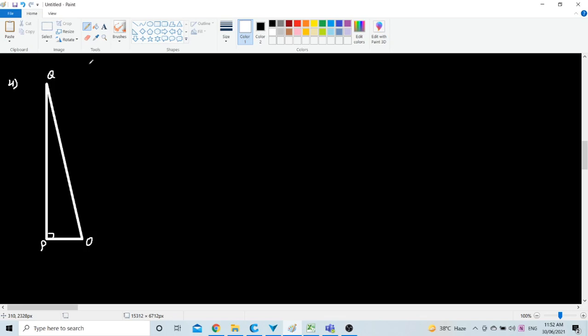And it is given to me that in this case, this OP is equal to 7 centimeter. So we can write it as 7, right? And OQ minus PQ will be equal to 1 centimeter.